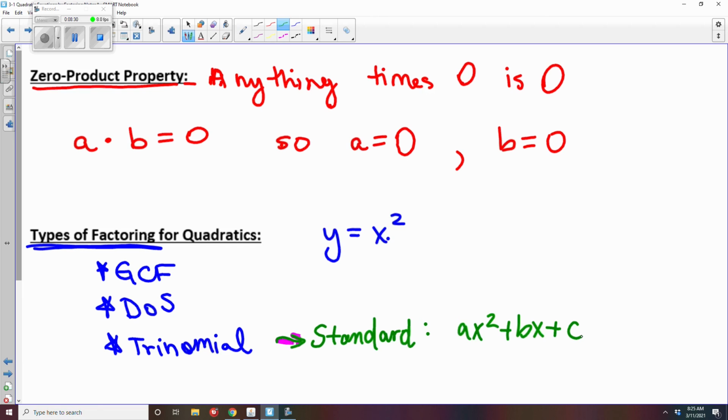What does it have to equal today? 0. You got it. So that's your standard form for a quadratic equation, ax squared plus bx plus c equals 0. So the majority of the ones we will see today will be trinomials, but remember, we still first got to check for GCF, and be aware that we can end up with DOS problems too.